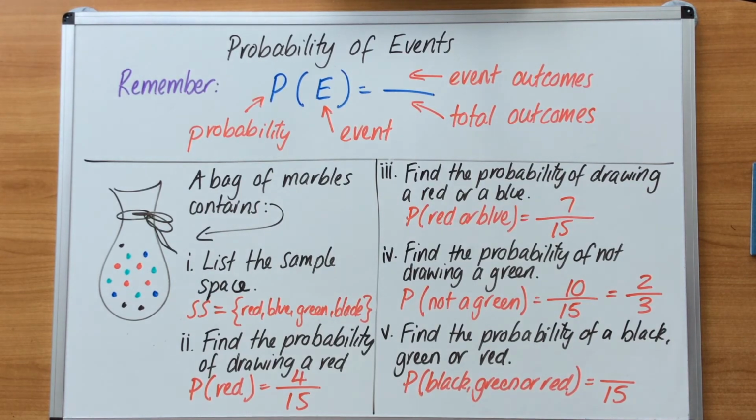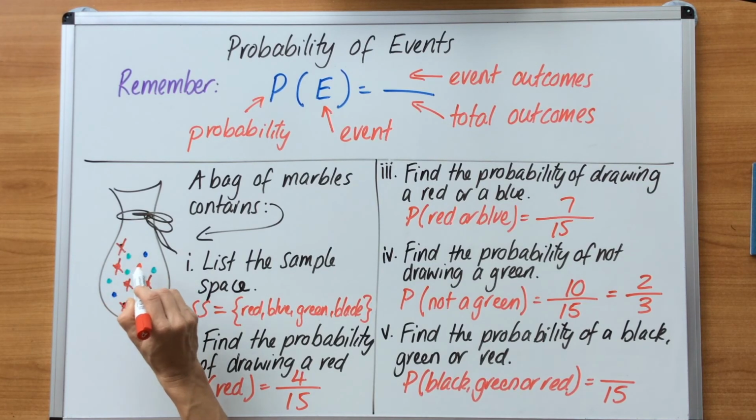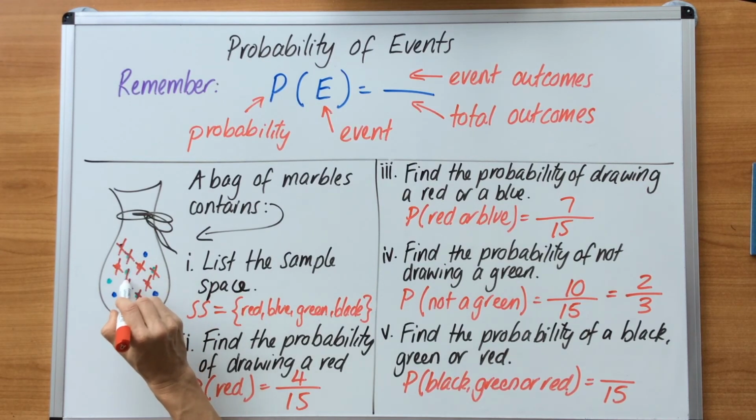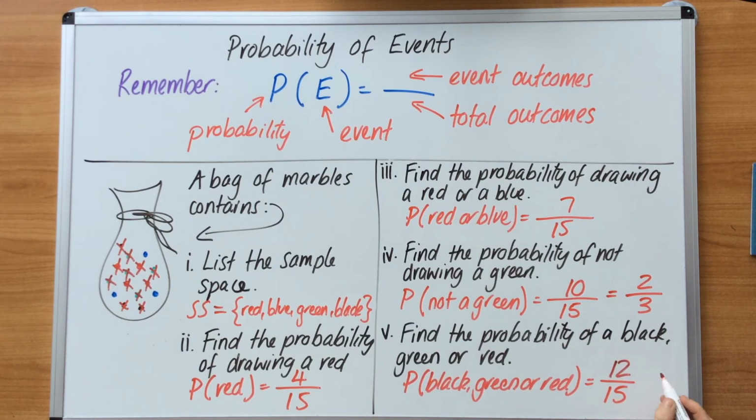So let's count these over here. We've got 1, 2, 3, 4, 5, 6, 7, 8, 9, 10, 11, 12. So there are 12 marbles that are black, green or red. That's why we've left the blues alone.